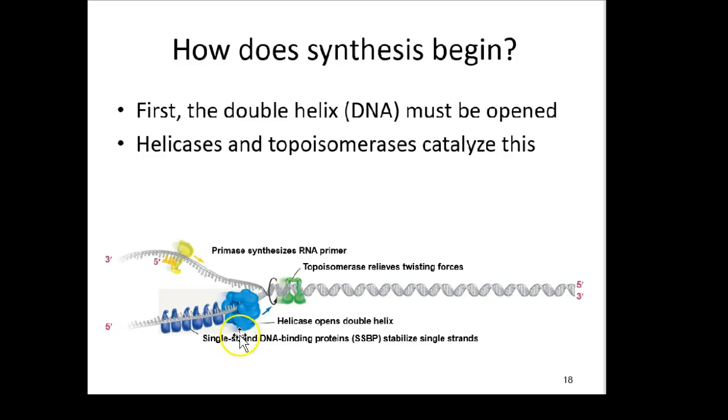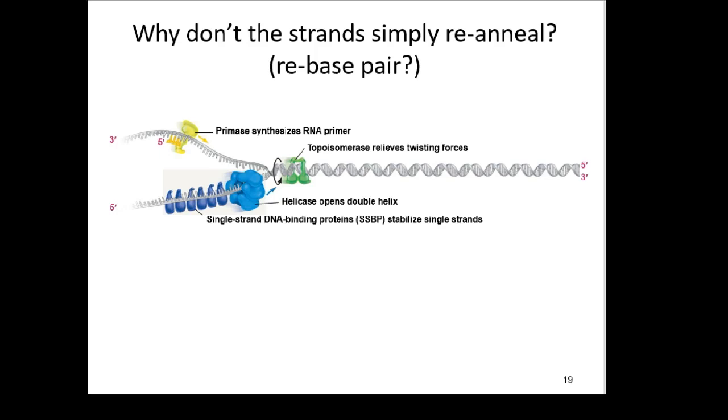Single-strand binding proteins, which are shown here in a darkish blue, are going to be responsible for keeping the replication fork open. And that is going to happen at the beginning of all DNA replication. So again, the single-strand binding proteins, shown here in a dark blue, are what keep the double-stranded molecule from re-annealing or re-base pairing, a spontaneous process.